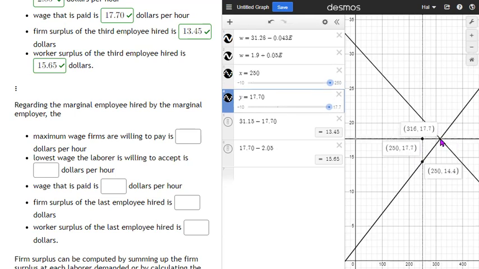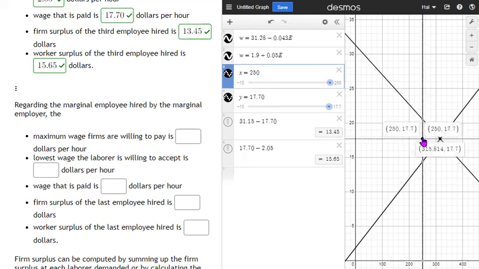So the marginal employee, the last worker hired, number 315.91, that last worker hired is the marginal employee. And the firm that hires that last worker is the marginal firm, right?